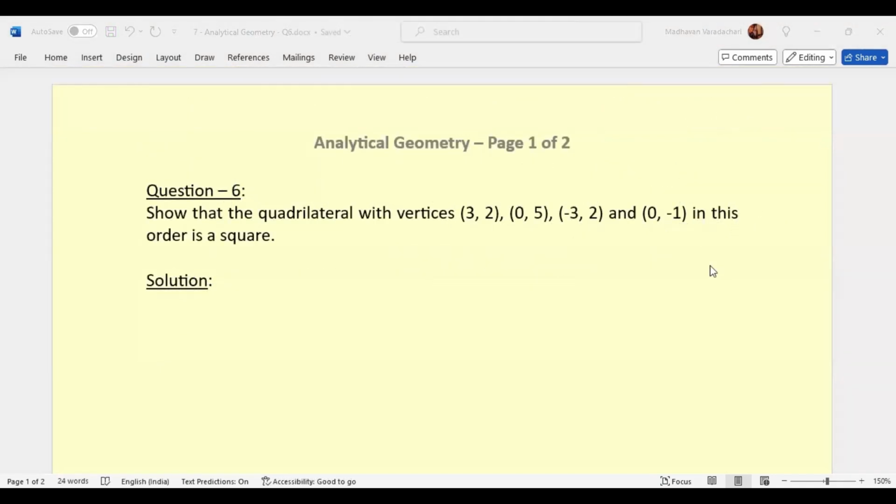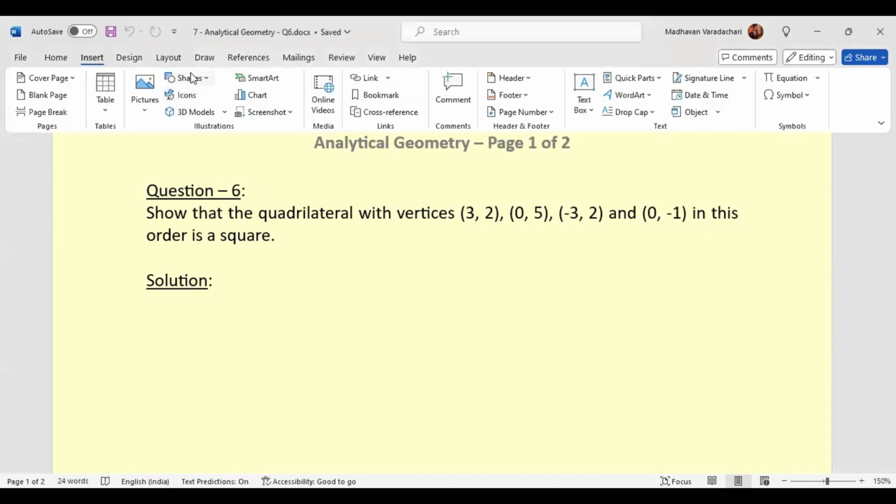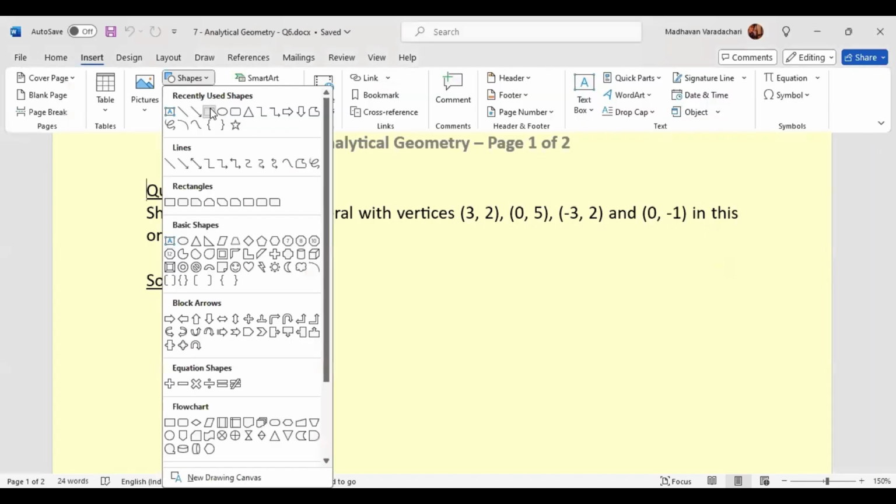In continuation to our analytical geometry, this is question 6. Show that the quadrilateral with vertices (3, 2), (0, 5), (-3, 2), (0, -1) in this order is a square. First, let us construct a quadrilateral.